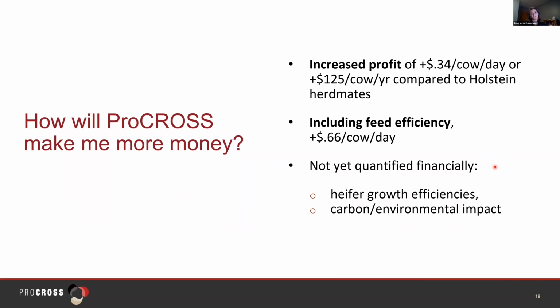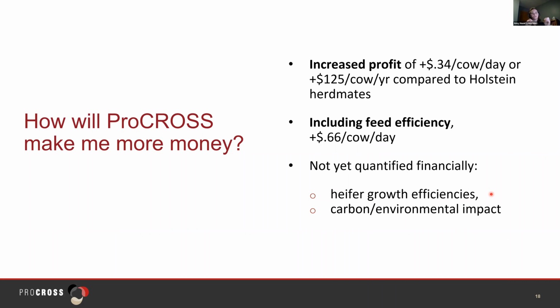And then there's other parts to this financial equation that we haven't been able to evaluate yet. One of the studies in progress we have right now is about heifer growth efficiencies between Holstein and Viking Red. We know and expect from the early data that there would be efficiencies there, just like there are when you crossbreed in beef, for example.